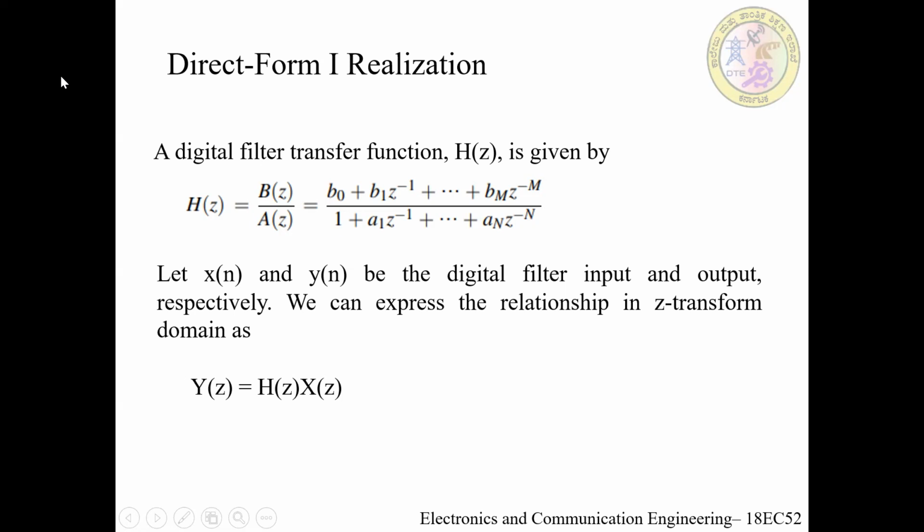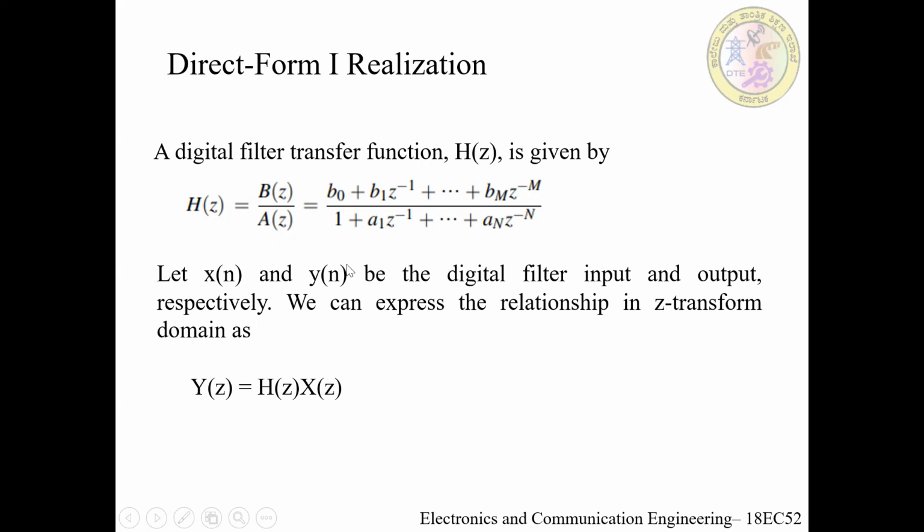If we consider the constant coefficient difference equation, we can represent this as y of n plus summation of k varying from 1 to N, ak into y of n minus k, which is equal to, for B of Z, from b0 to bm, summation k varying from 0 to M, bk into x of n minus k.